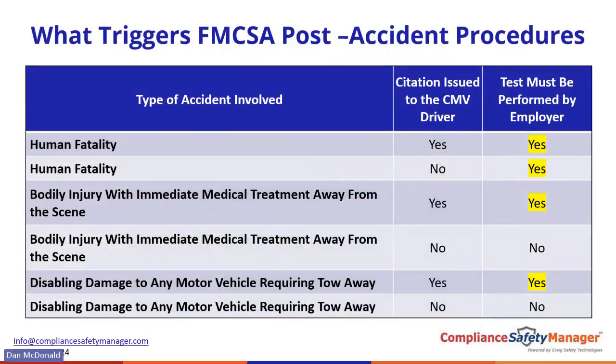So let's start by simply defining when an FMCSA post-accident test is required. There are two elements to consider: the type of accident and if there was a citation issued to the driver. We've got a chart here to help you. The first column defines the type of accident, the second column indicates if the driver was issued a citation, and the third column lets you know if you need to initiate FMCSA testing.